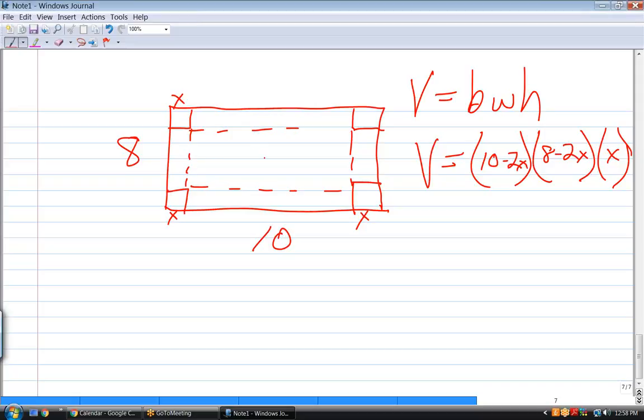Okay? This is the classic problem because it immediately is all a function of x. There's no other variable to take into account. Well, now you merely multiply those three things together, take the first derivative, set it equal to 0, and you find out what x is to make the maximum volume.